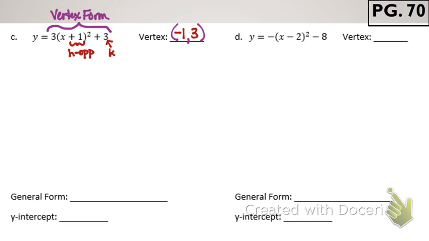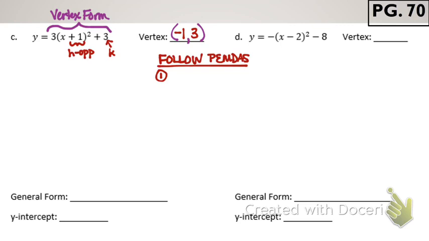When we are converting from vertex form into general form, you have to follow the order of operations, PEMDAS. Vertex form always has parentheses, but there's never anything that we can actually combine inside the parentheses. It's already fully simplified.